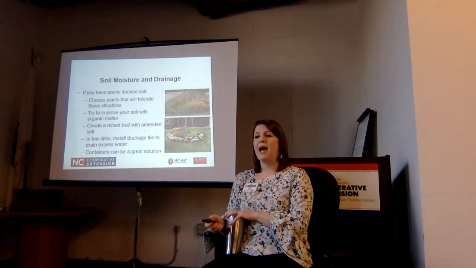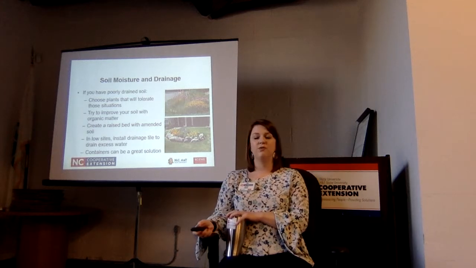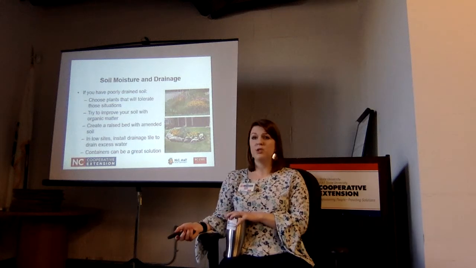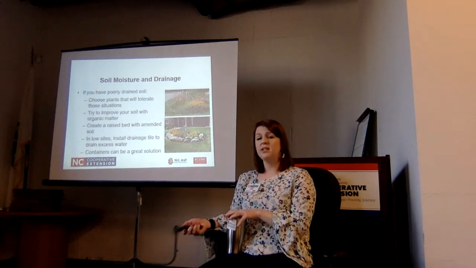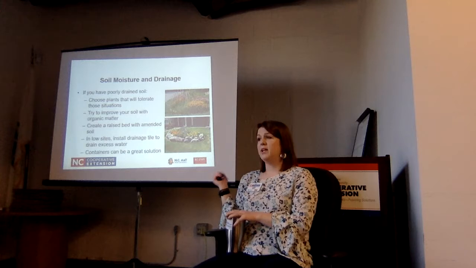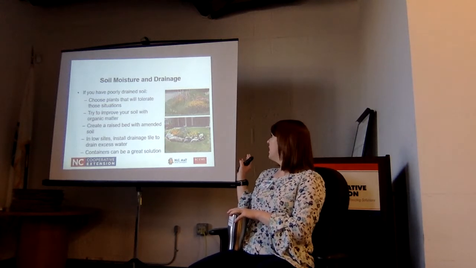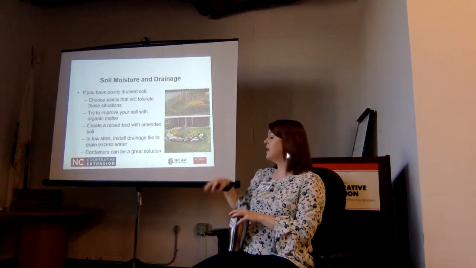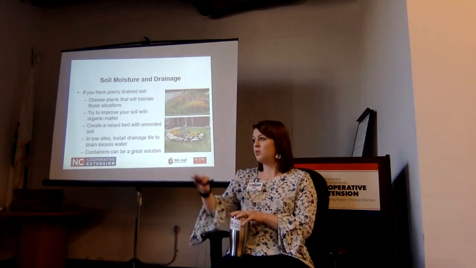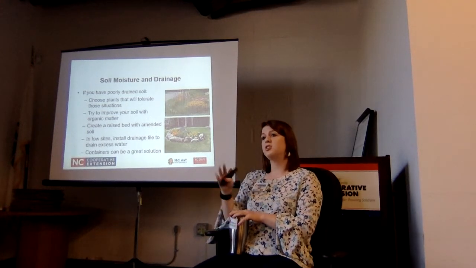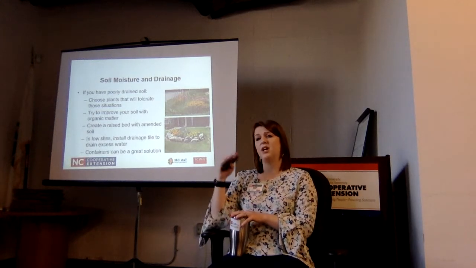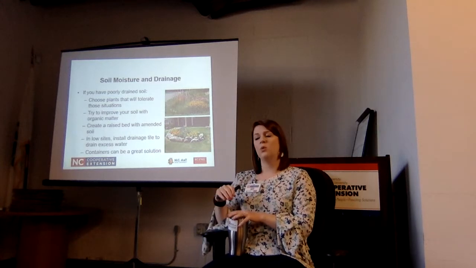So some other points about soil moisture and drainage. If you have a poorly drained area, you can first choose plants that like areas that stay moist for long periods of time. And there are plants out there, rain garden plants. Both of these pictures are showing rain gardens, where they've got natural depressions in the topography of the area, and they've planted plants there to help with the infiltration of the rainwater, the storm water in those areas.